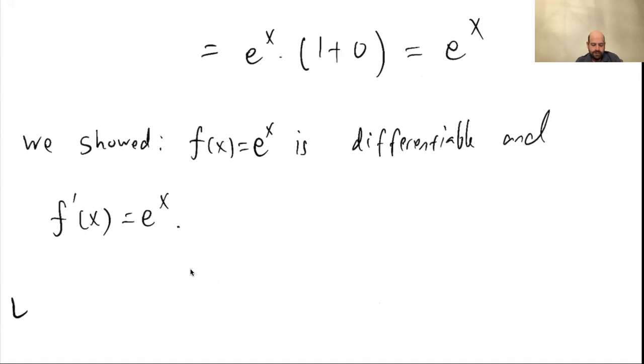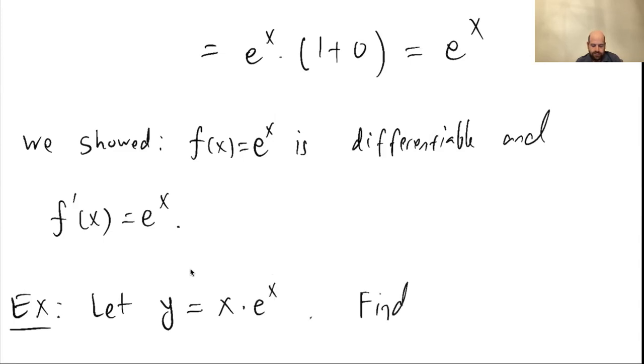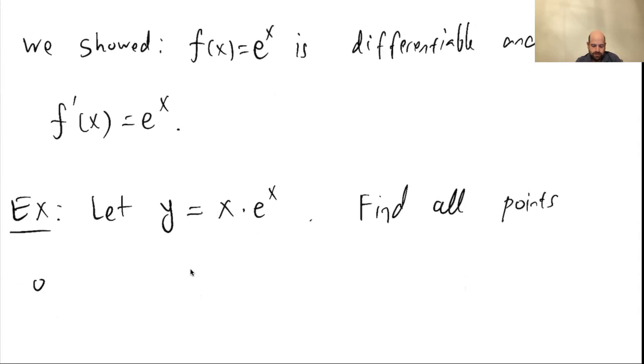Okay, so let's look at an example as well. Let's say that y equals x times e to the x. Find all points on the graph of y equals f of x.